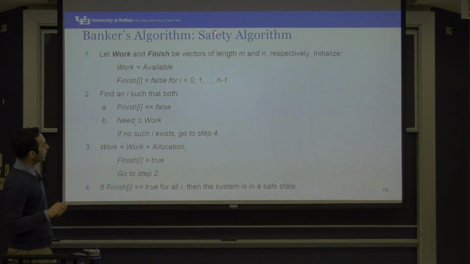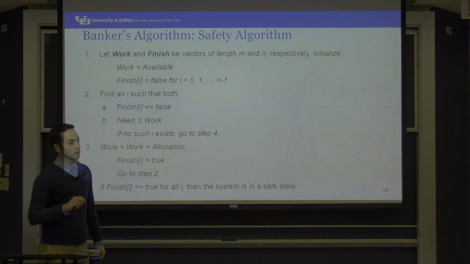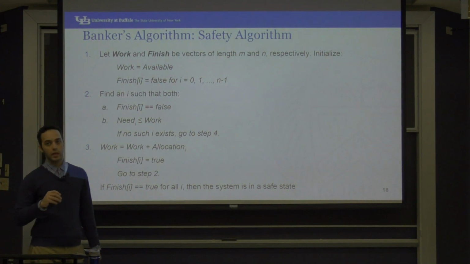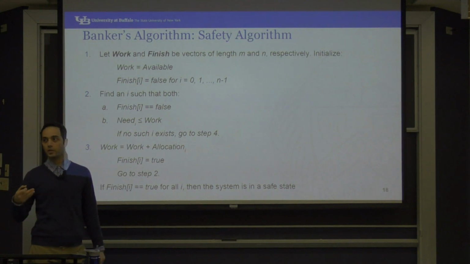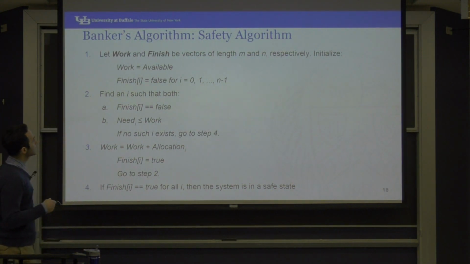So the algorithm basically first has a safety algorithm that tells us if there is a safe sequence and we are in a safe state or not, right? How does that work? We have a work and finish, and they are vectors of length m and n respectively.